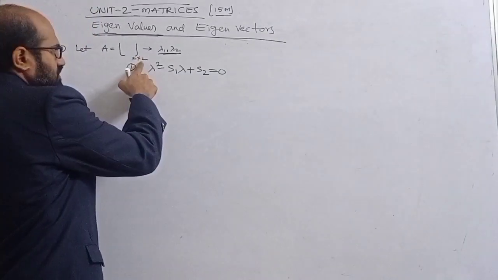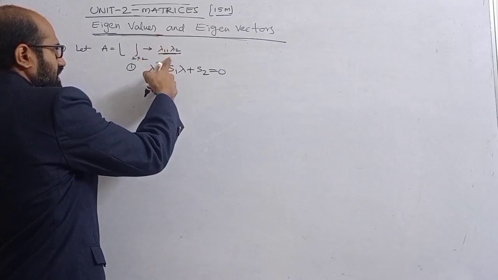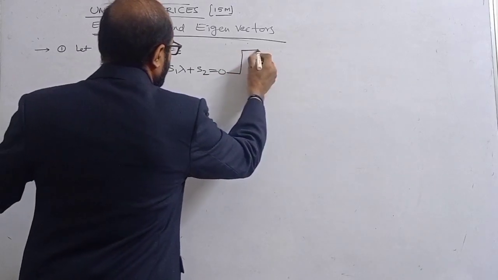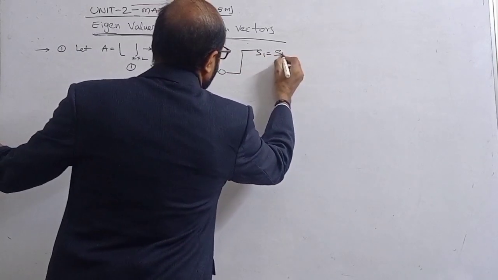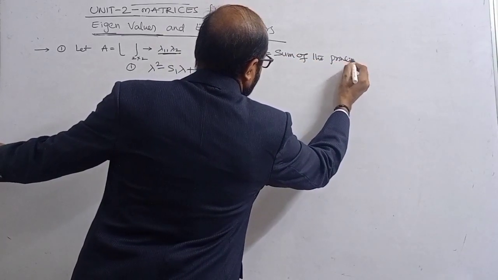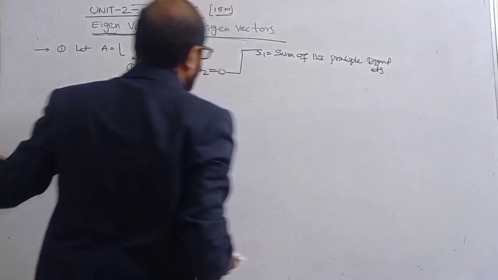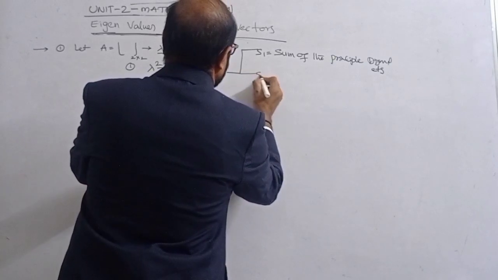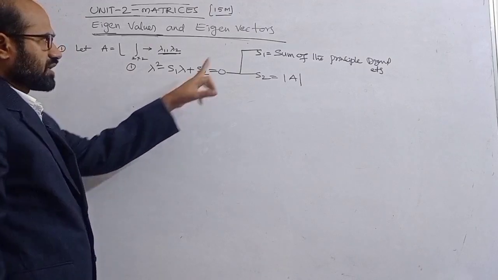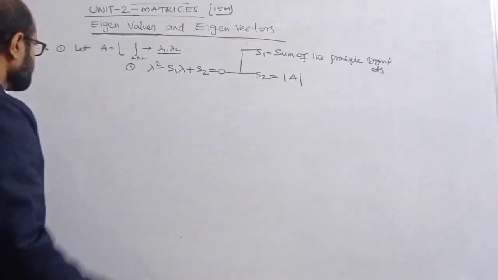If A is a 2 by 2 square matrix, then we can obtain the eigenvalues of A by using this formula, where S1 is the sum of the principal diagonal elements, and S2 is the determinant of the given matrix A.